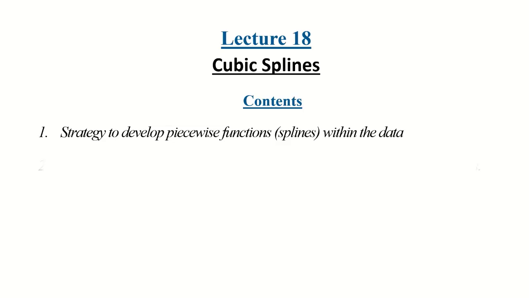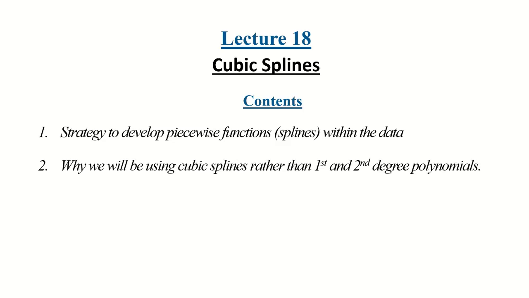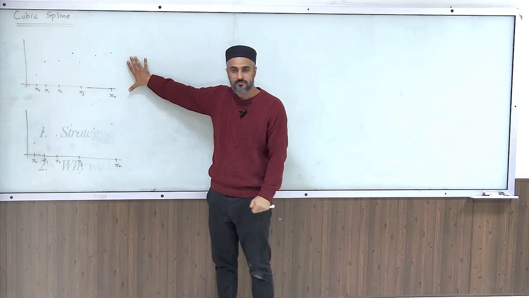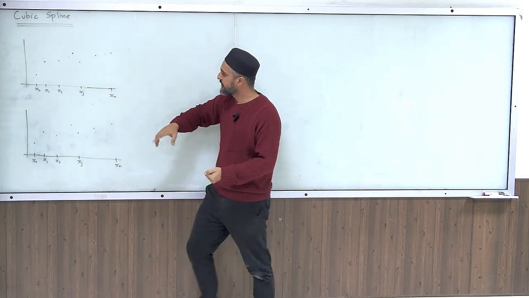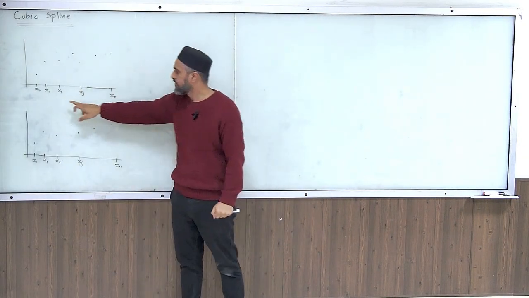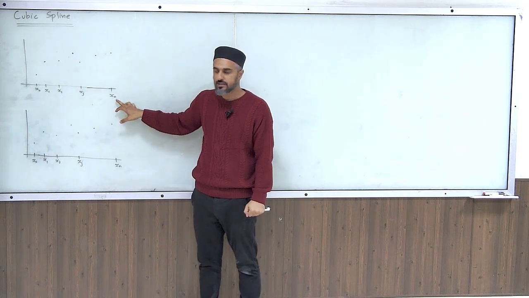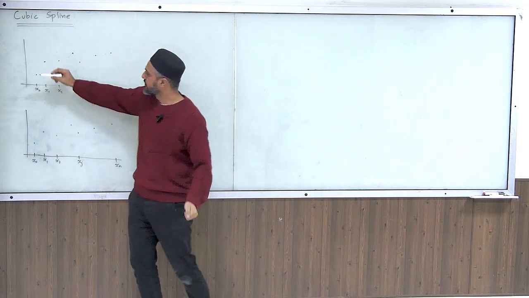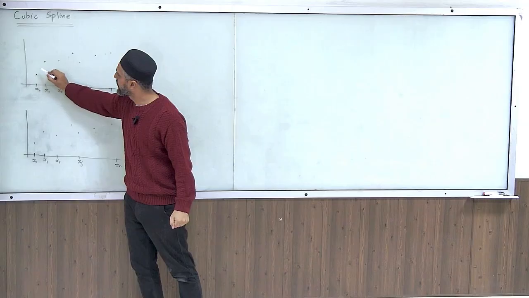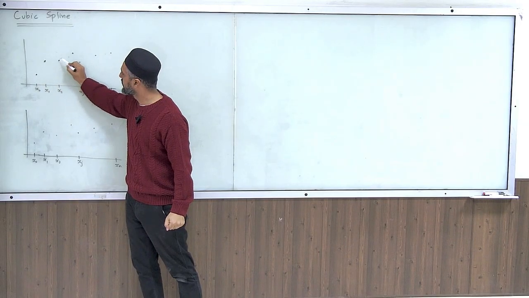For example, in this figure I have some data points starting from x0 to xn. These are the function values at the given data.